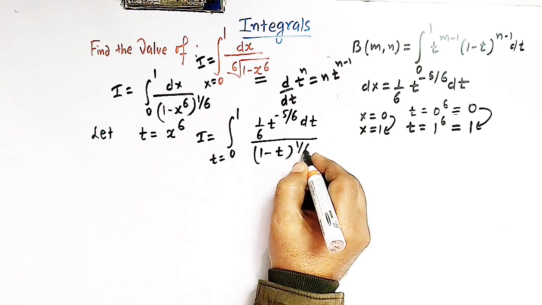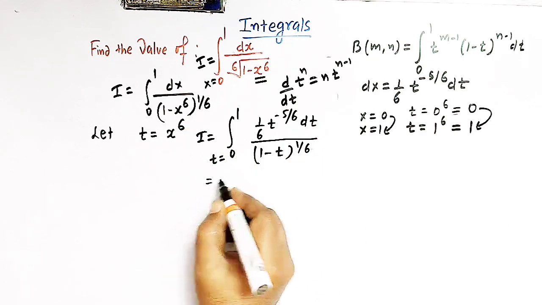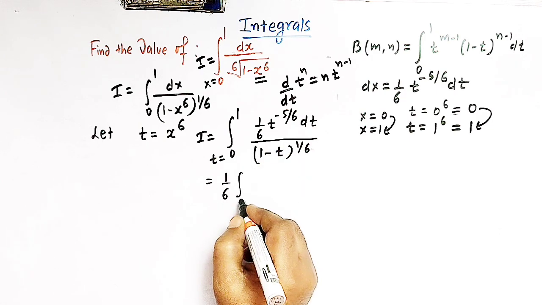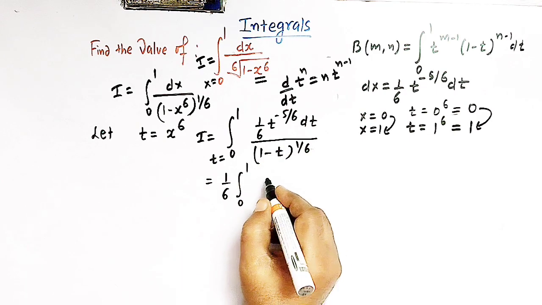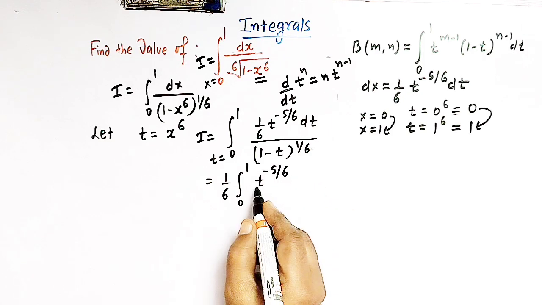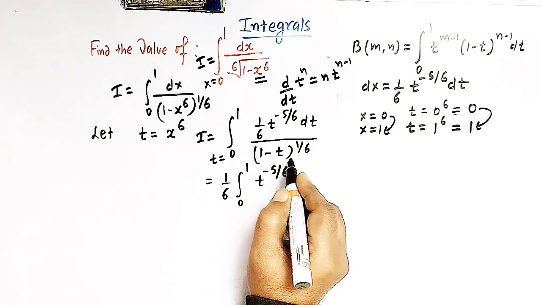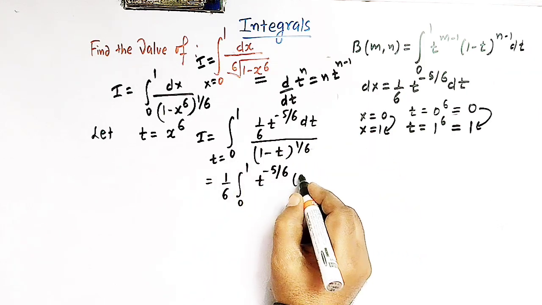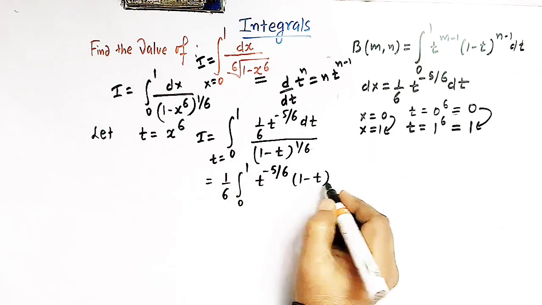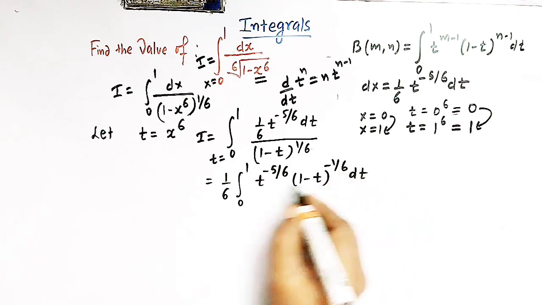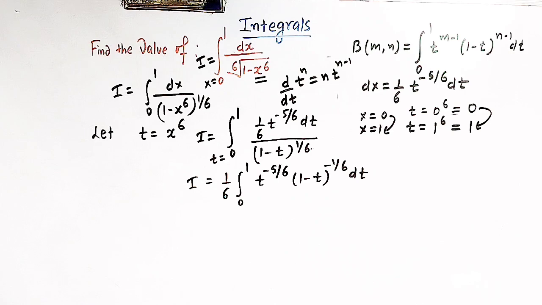So now taking 1/6 outside the integral, we have the integral from 0 to 1 of t^(-5/6), and taking (1 - t)^(1/6) to the numerator, we can write (1 - t)^(-1/6) dt.